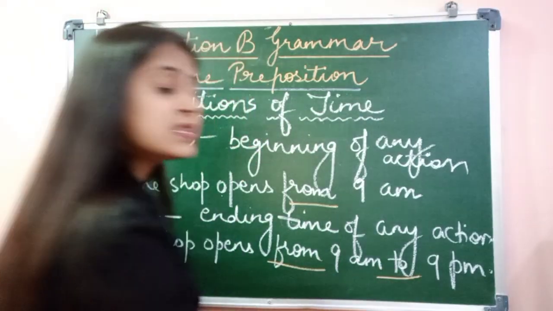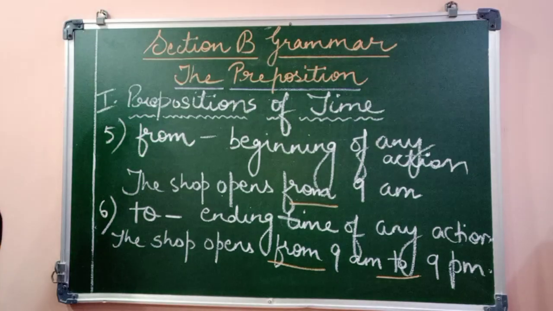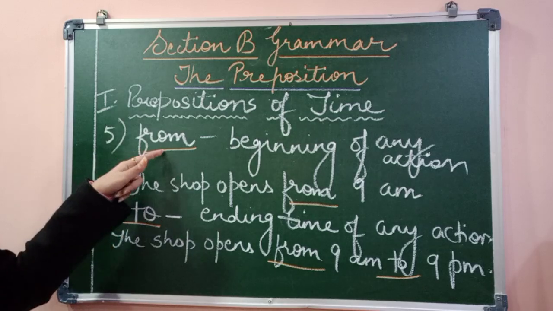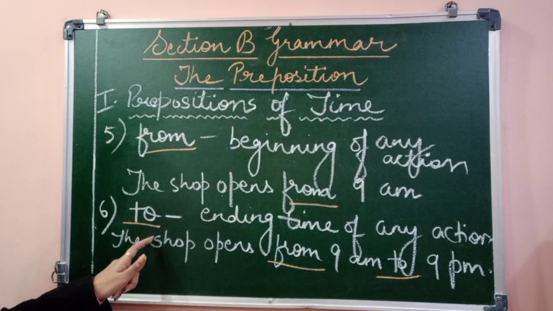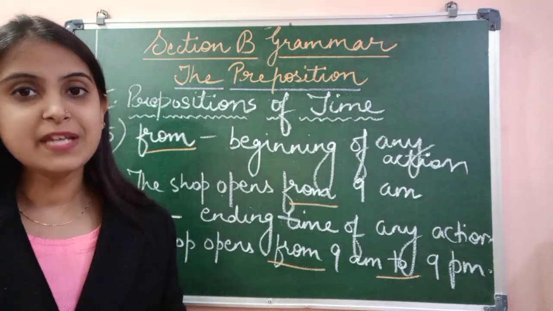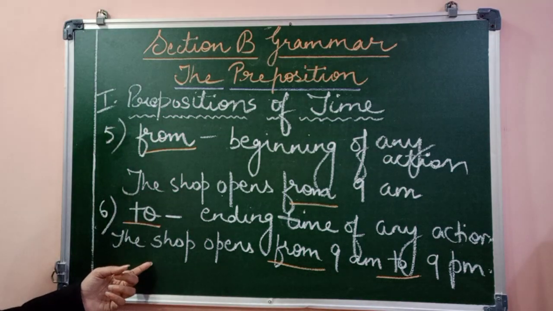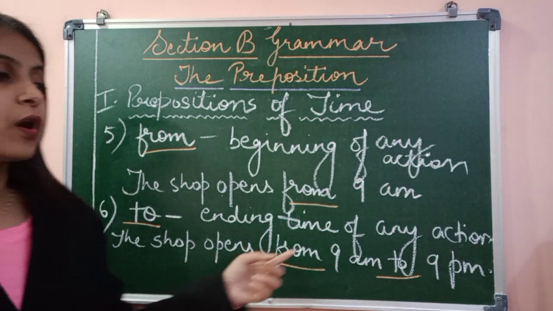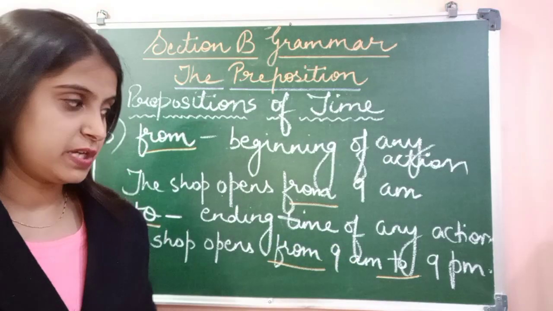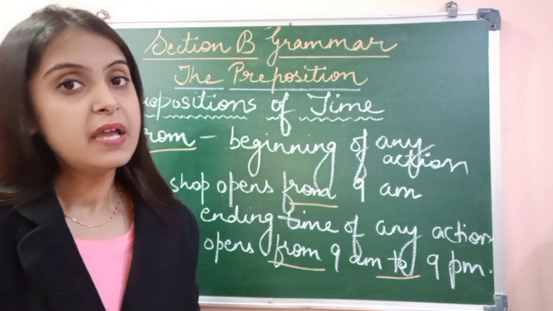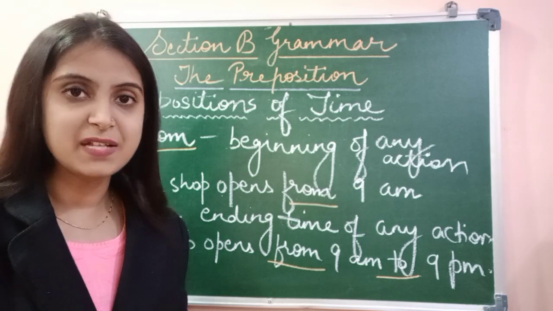And to is the ending time or the closing time. Generally we use from and to together. So from shows the starting time and to shows the time at which any action ends, right? So I have given you the same example. The shop opens from 9 a.m. to 9 p.m. So 9 a.m. is the beginning time and 9 p.m. is the ending time. I hope this much is clear to you children.